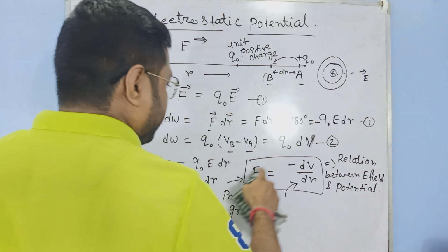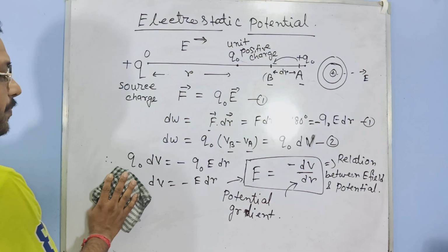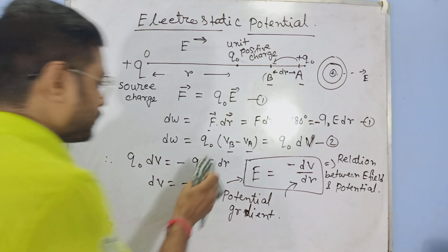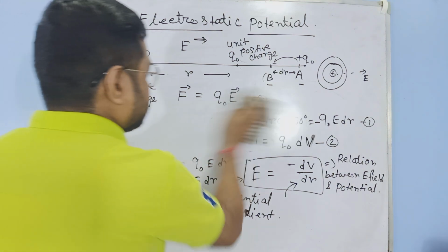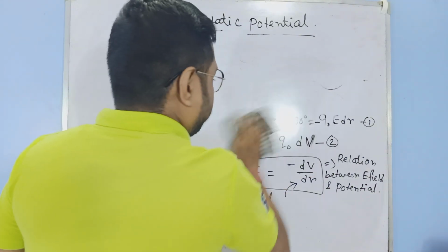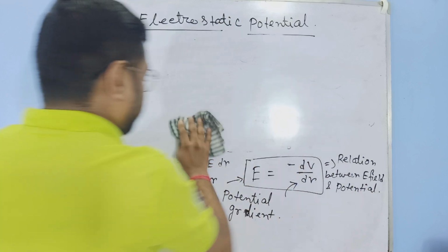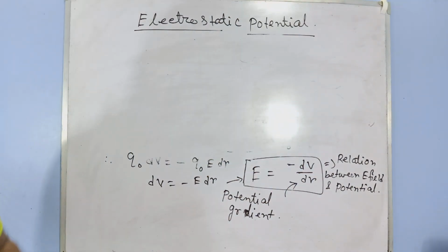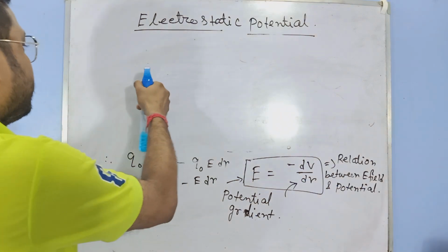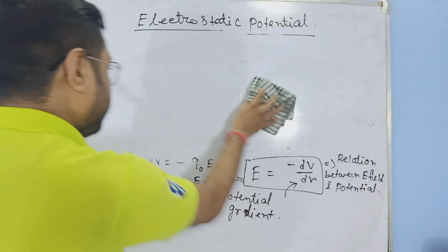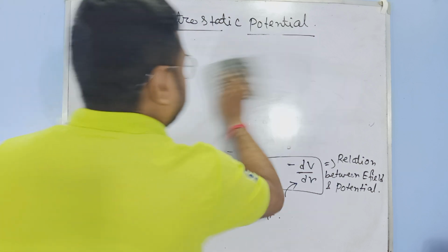Now how can we find out this potential? Please write down in your copy. From the equation E equal to minus dV/dr, we can assume that there are 2 points R1 and R2.